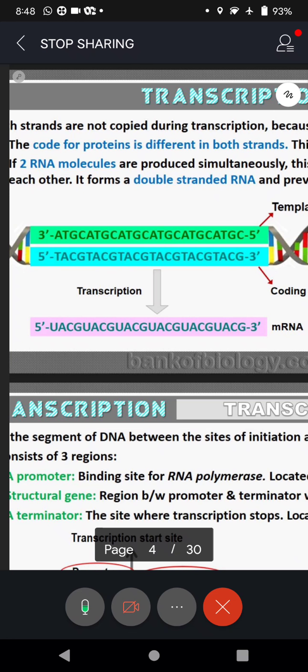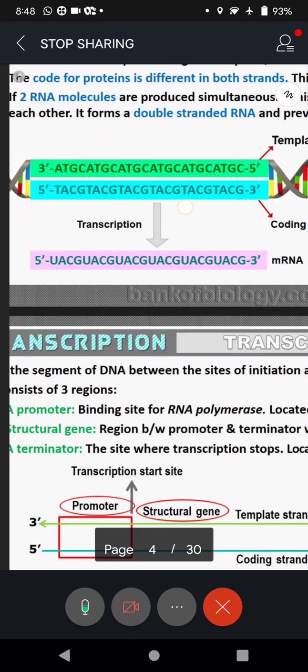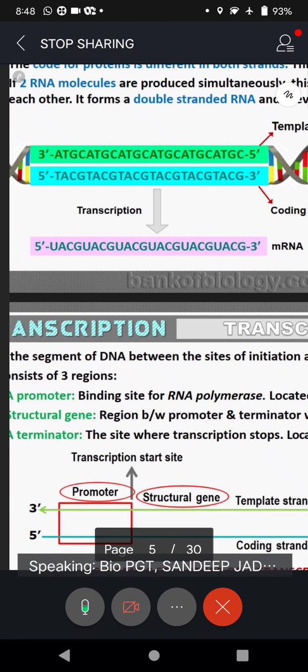If you see the bottom one, TAC, in place of T, uracil is coming, see, in that pink line. I hope you are able to see. Wherever T is there, you just observe. T is replaced with U, uracil. But direction is the same orientation, 5' to 3'. And this forms what we call mRNA.